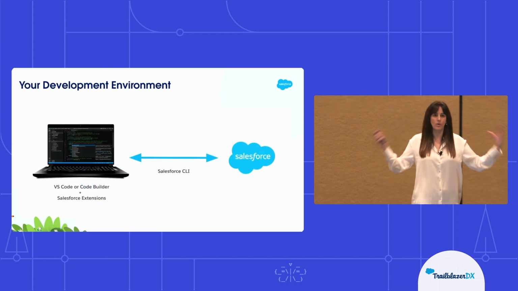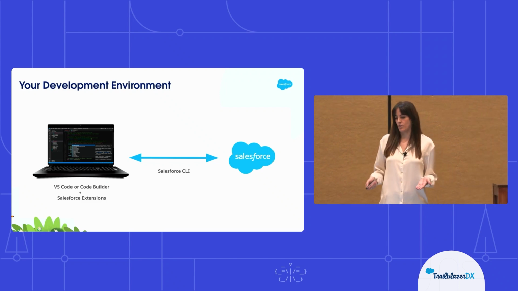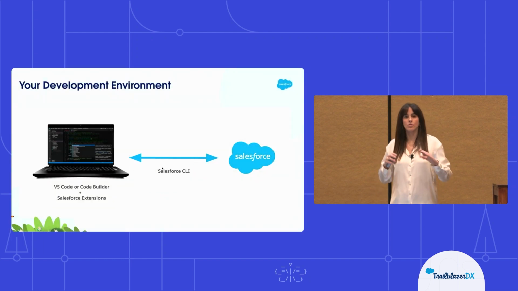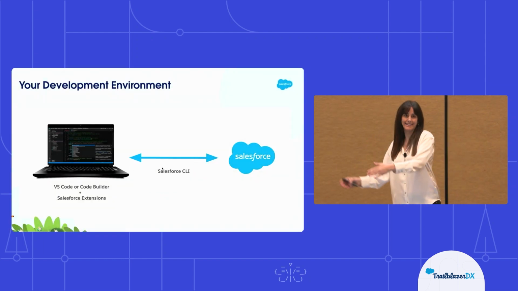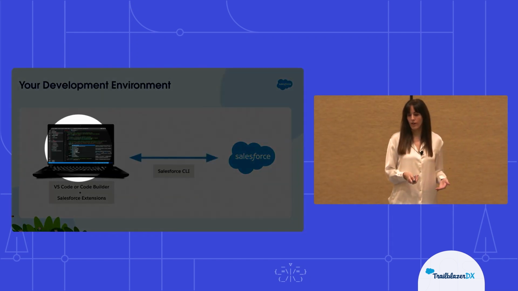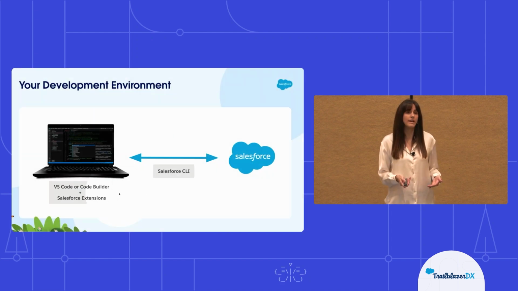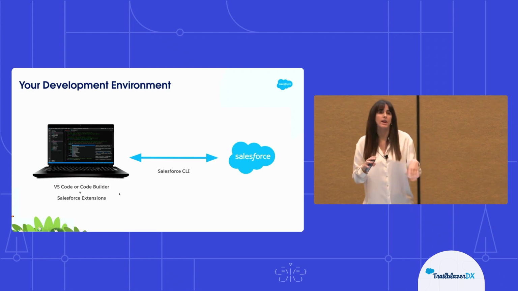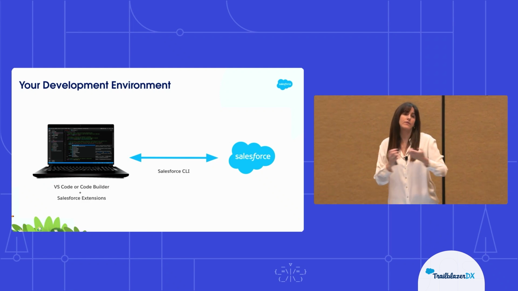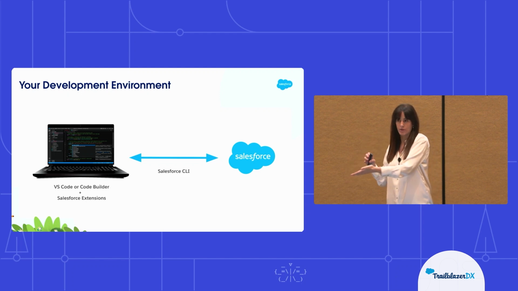So what's the modern way to develop applications in Salesforce? Well, you have your org. You use the Salesforce CLI to work with your org metadata and data, and then you use one of the Salesforce IDEs, VS Code or Code Builder, to build your applications locally and send your changes to your org and retrieve the changes that you create declaratively in your org.